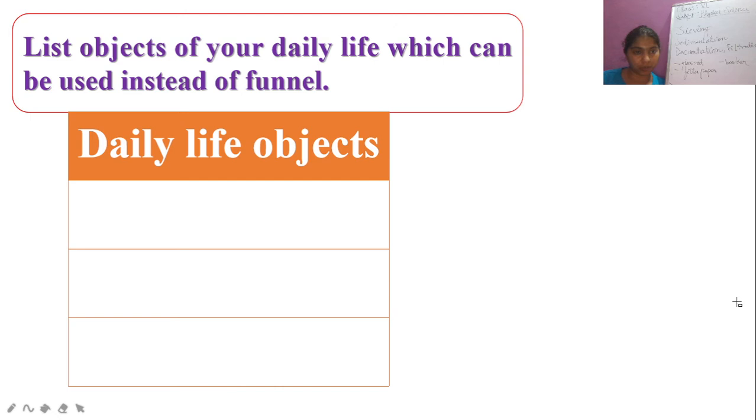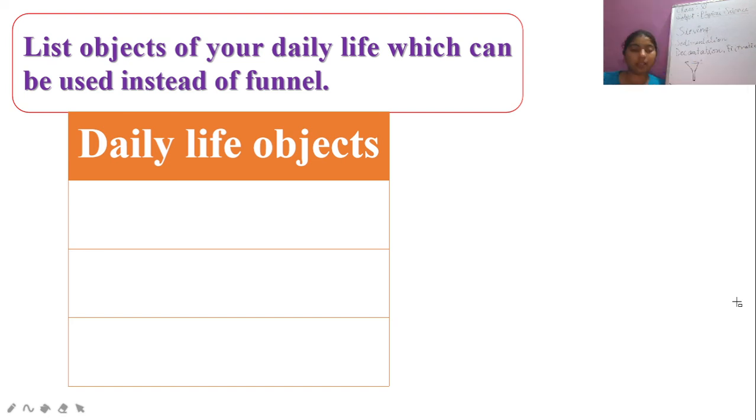Okay. So students, now you have to tell me, list some objects of your daily life which you use instead of a funnel. Instead of a funnel, what kind of material do you use? Because we know that a funnel is only in the laboratory. Yes, this kind of shape. Yes, you can use a plastic bottle, right?